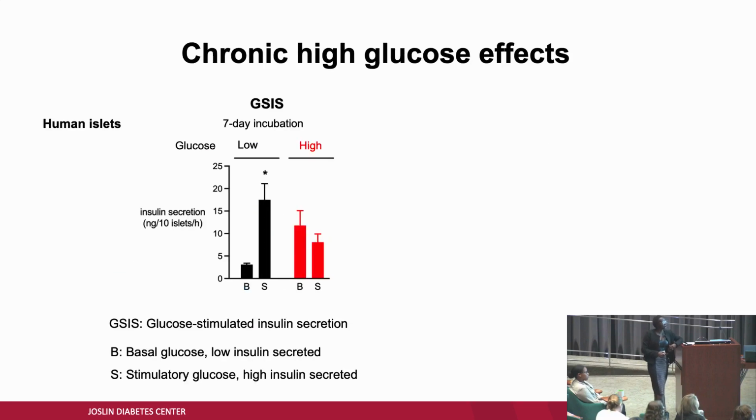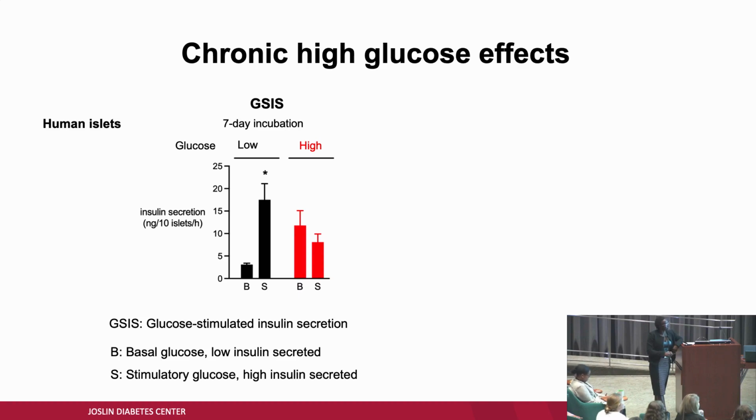So what about in the chronic or the pathophysiological state? In diabetes, you have chronic hyperglycemia. Kristen described that. This was an experiment in human islets to model hyperglycemia ex vivo. They showed that if you do a 7-day incubation with low glucose, which is close to physiological range, or high glucose, these islets, as expected, secrete a lot of insulin when you challenge them with stimulatory glucose.